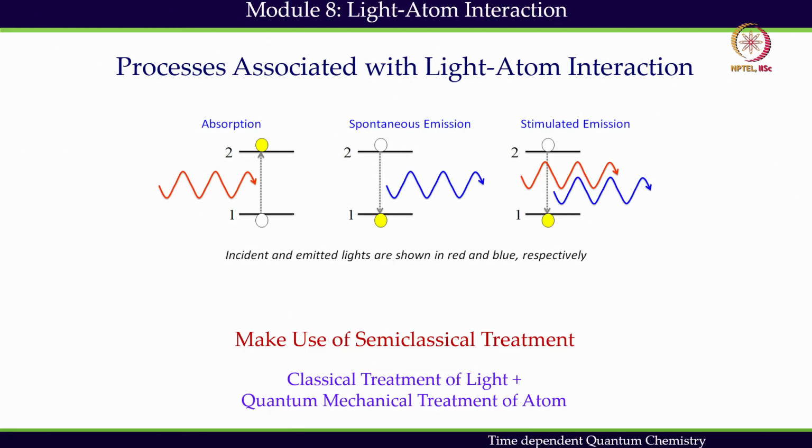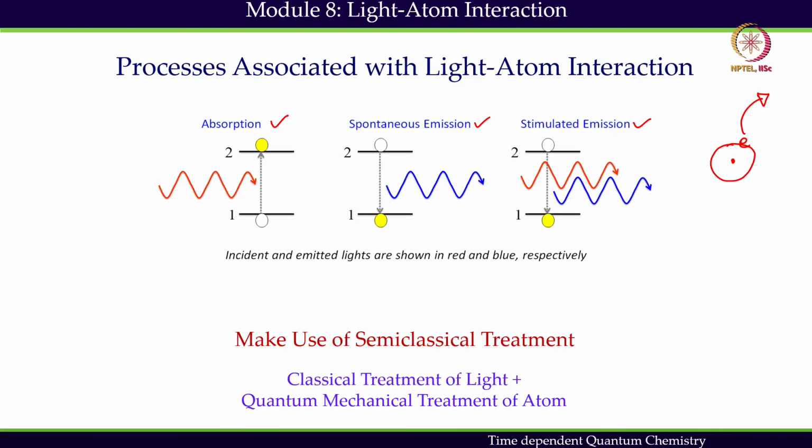So, in the context of the interaction of light with an atom, 4 fundamental processes are important: absorption, spontaneous emission, stimulated emission, and the 4th one is photoionization, which I haven't shown, which will remove an electron completely from an atom.